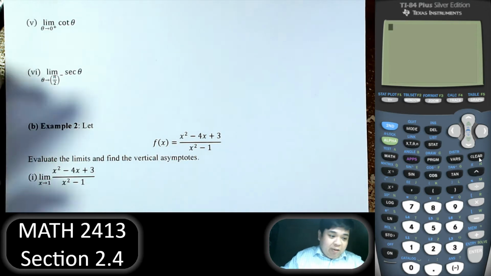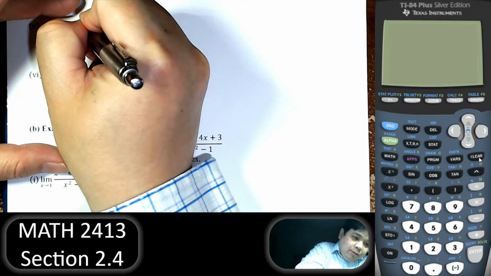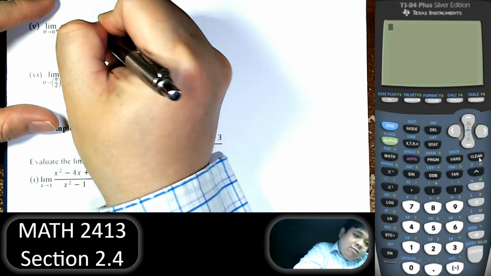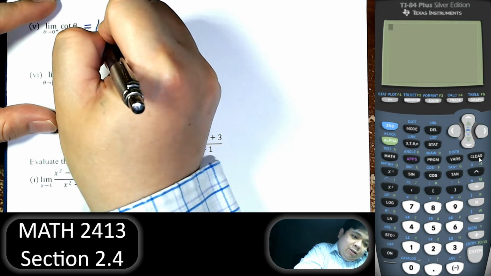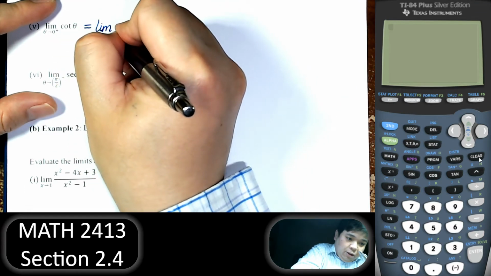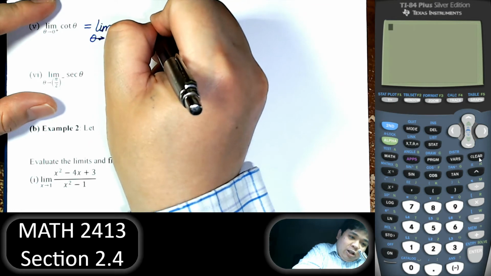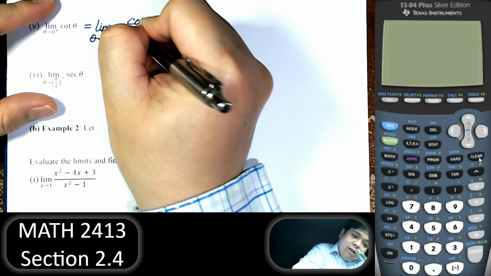So we write cotangent as a fraction. Cotangent is cosine over sine.